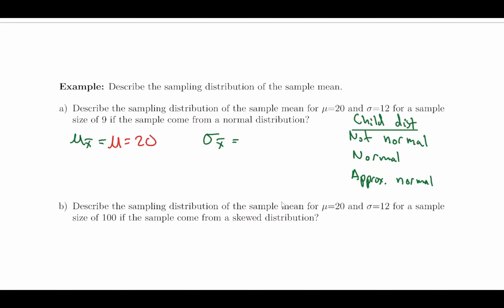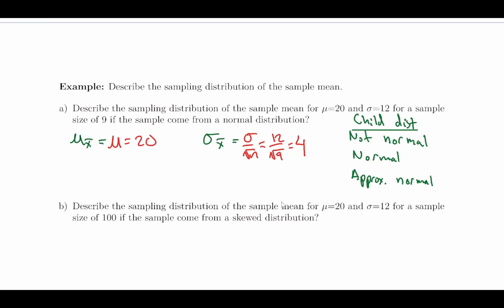And that's it for that one. Let's do sigma of x bar. Sigma of x bar is equal to sigma divided by square root of n. That is 12 divided by square root of 9, which gives me 4. All right. Everybody good so far on mu of x bar and sigma of x bar?